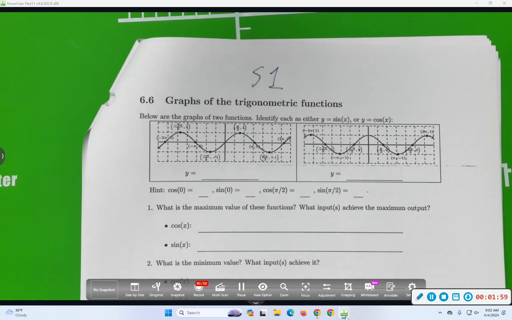Adjacent over hypotenuse. So toa. Cosine is adjacent over hypotenuse. Sine? Tangent.